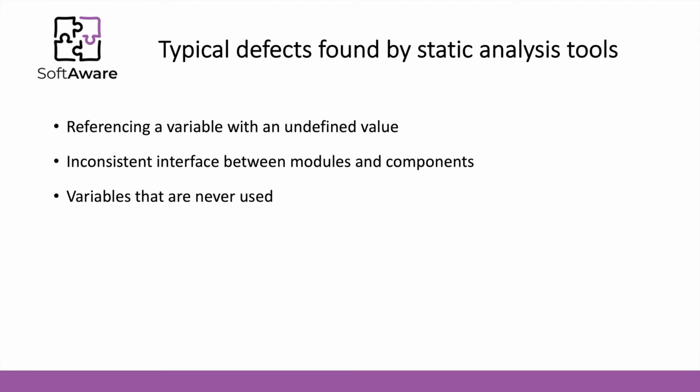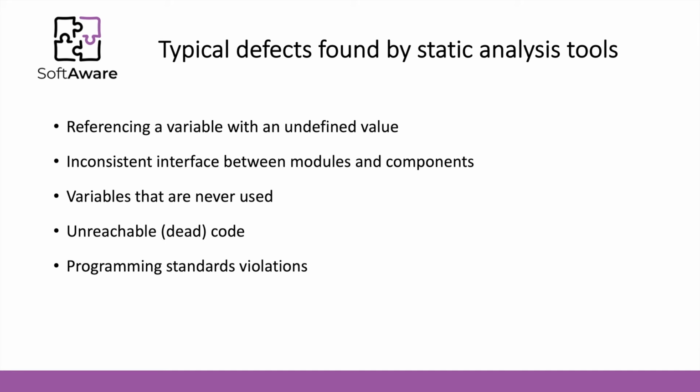Unreachable, also known as dead code, means lines of code that cannot be executed because the logic of the program does not provide any path in which that code is included. Programming standard violations: if a standard, for instance, is to add comments only at the end of the piece of code, but there are notes throughout the entire code, this would be a violation of standards.